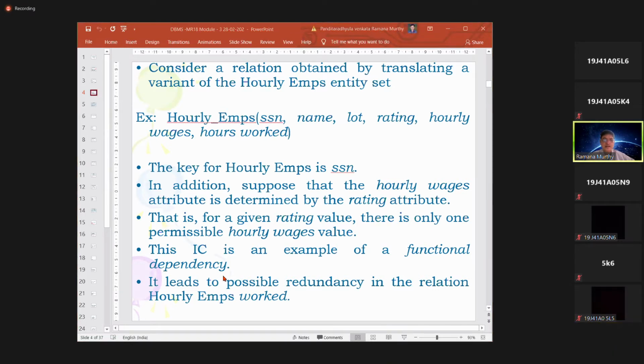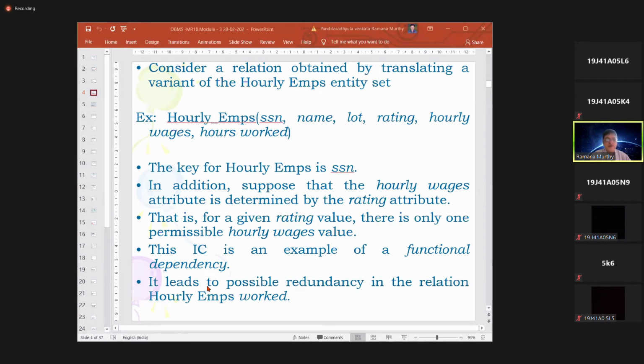This table contains the employee's SSN number, the employee's name, lot, which is the place, rating, hourly wages, and hourly work. Here the key is the SSN number.